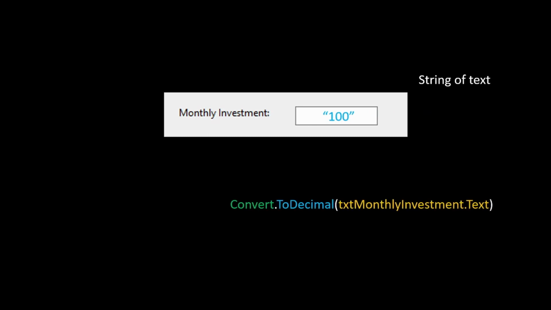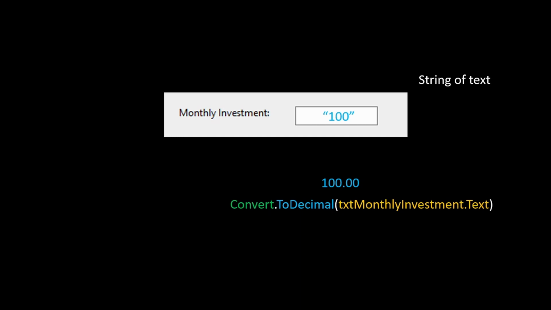And then in the code, in the background, we now have to take that string and convert it to something. You can see this monthly investment text box is referred to as txt monthly investment .text. So go get the text.